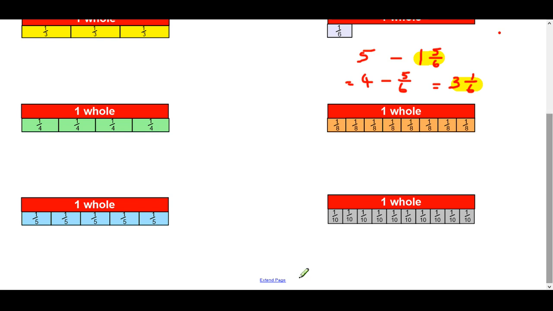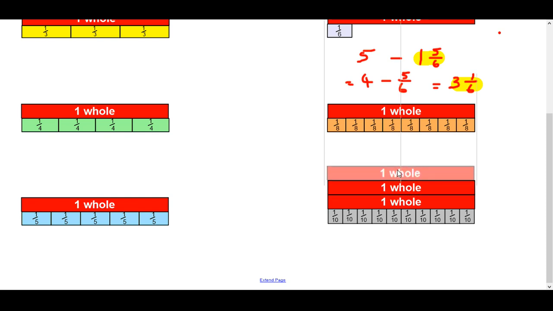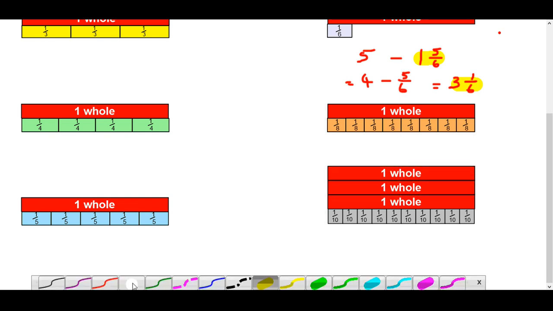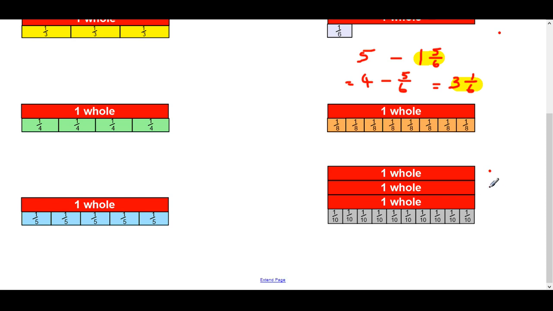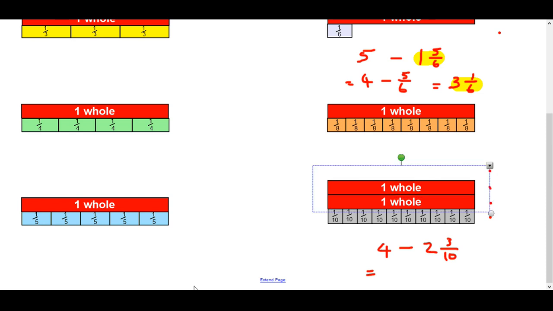Now let's do one more. Imagine you've got this. Imagine I've got 4 wholes. 1, 2, 3, 4. And imagine I want to take away 2, let's say 3/10. Okay, so I take away the 2. 1, 2.